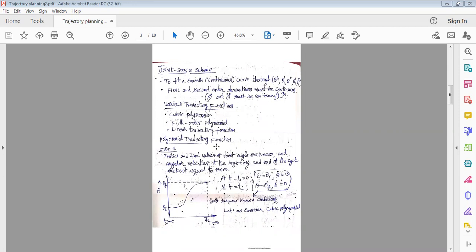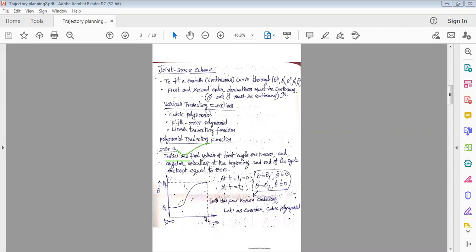Let us take first the polynomial trajectory function, case 1. What is case 1?